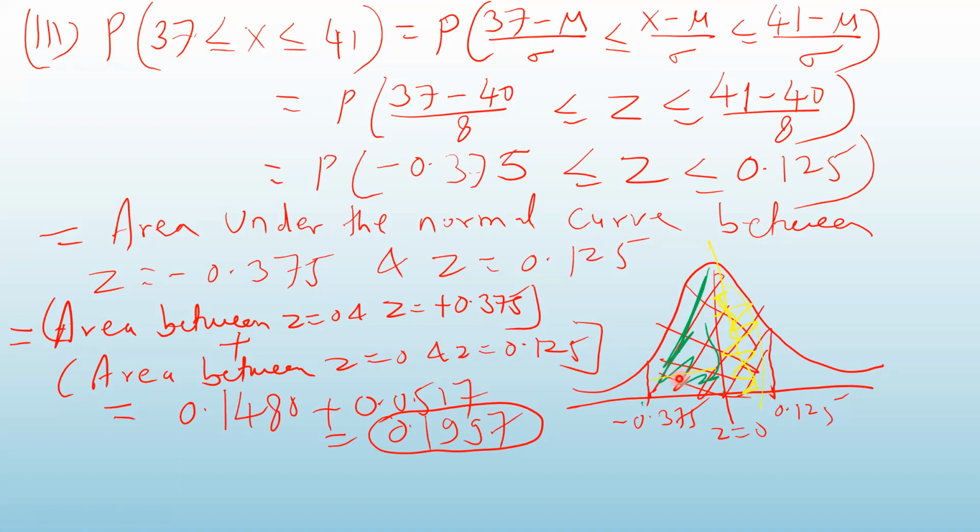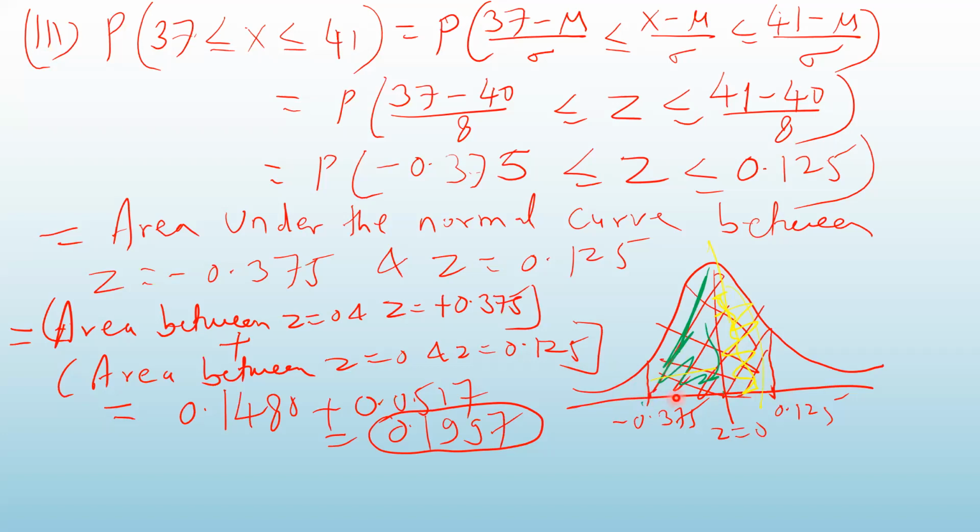But because in our table the areas are only available from 0 to a positive number, this entire area we will break into two parts. See, that is what I have written. The area under the normal curve between minus 0.375 and 0.125, I have broken into two parts: area between 0 and minus 0.375 plus area between 0 and plus 0.125.